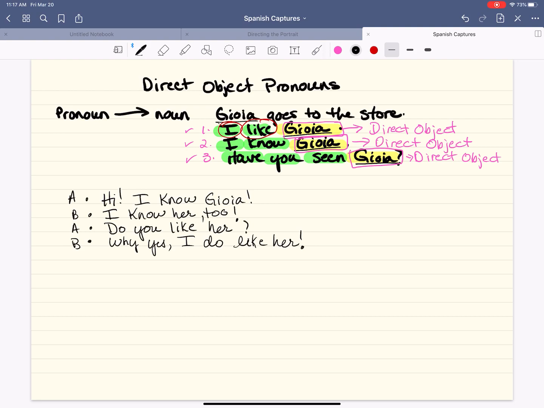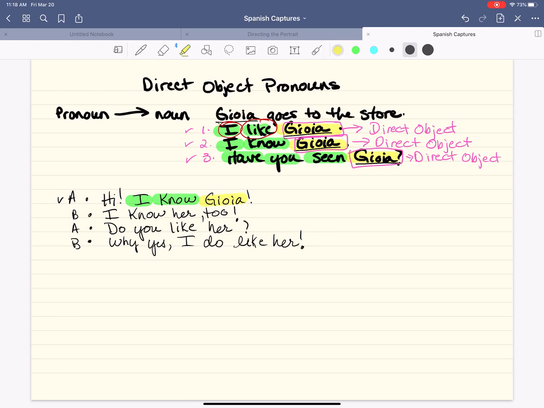So let's go through this again, and we're going to point out where the direct object and direct object pronouns are. So first sentence, we're person A. They say, hi, I know Joya. So our subject is what? I, right? I know, that's the verb know. Joya is what?